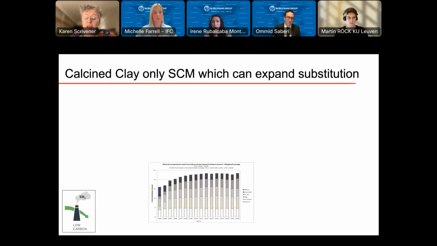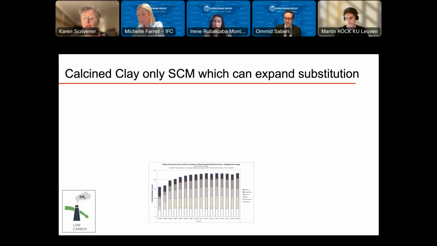So the potential from bringing in calcined clay as a substitute material is really enormous. This graph here shows the average levels of substitution today, and that this hasn't really progressed in the last 10 years because of the limitation in the availability of slag and fly ash.